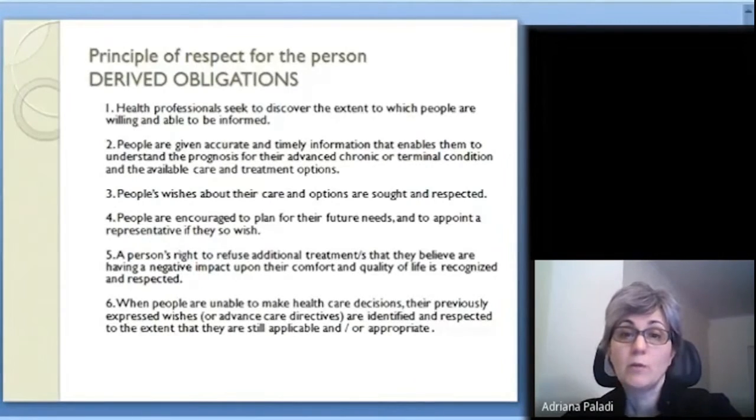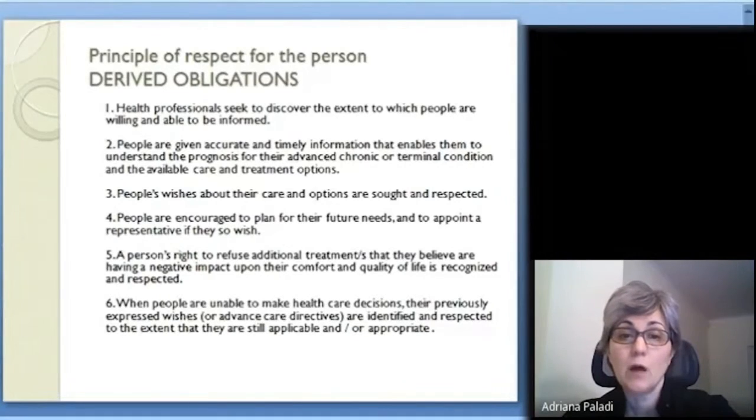People's wishes about their care options are sought and respected. People are encouraged to plan for their future needs and to appoint a representative if they so wish. A person's right to refuse additional treatments that they believe are having a negative impact upon their comfort and quality of life is recognized and respected.